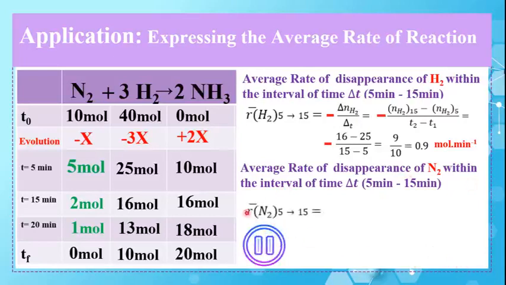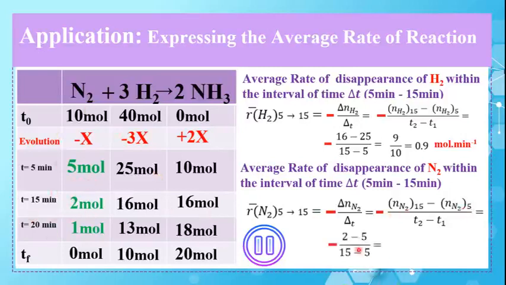So the average rate of N2 in the interval of time is equal to minus delta N of N2 over delta T, since N2 is a reactant, is equal to minus the number of moles of N2 at T equal 15, which is 2 moles, minus the number of moles of N2 at T equal 5, which is 5 moles, over 15 minus 5. 2 minus 5 equals minus 3.